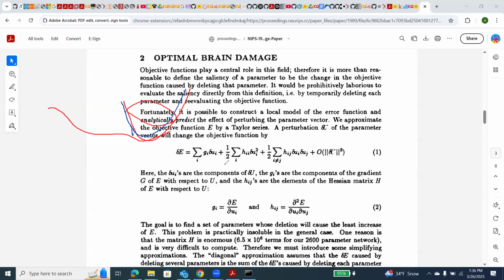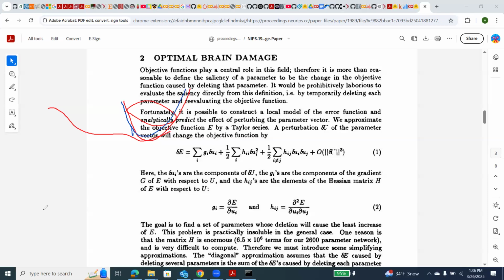And we'll remove, for example, 8 or 10% of weights. So we will choose this 10% of weights such that the loss function is as close as possible to the original one. So this is the idea from this paper.